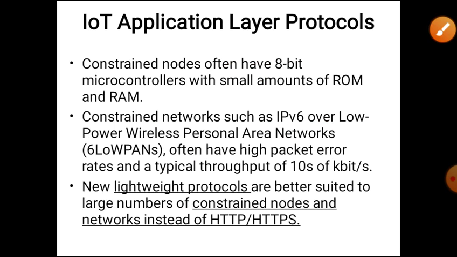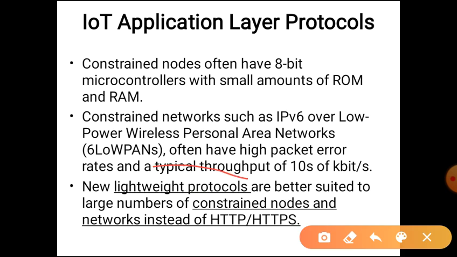We have to use lightweight protocols with these constrained networks. Constrained networks may be based on 6LoWPAN over 802.15.4 used at the MAC layer and the physical layer.